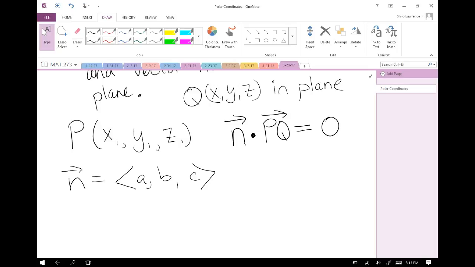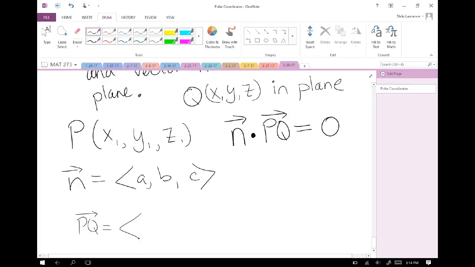The equation for the plane is any point x, y, z in the plane that when you create a vector with P, its dot product with n is 0. So now if we create vector PQ, to create vector PQ, we do the Q's minus the P's.